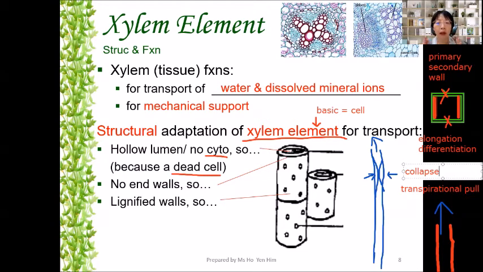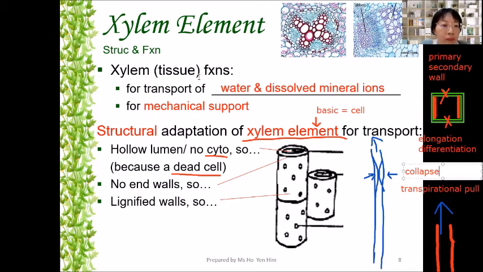So therefore, the lignin is added as a secondary wall to the cell to strengthen the wall so that it provides mechanical support so that the wall will not collapse due to transpirational pull. So that's why the wall of this xylem vessel is lignified. It is to prevent the wall from collapsing due to transpirational pull.